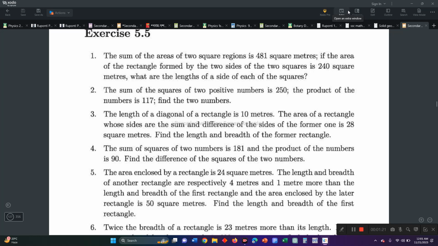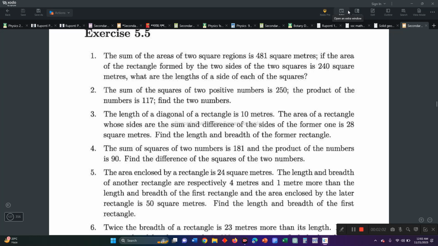If we take the largest side, from the larger square, x, as the length of the rectangle, and from the small square we take y as the breadth of the rectangle, then according to the second condition, the area of the rectangle, that means x into y, is equal to 240 square meters.